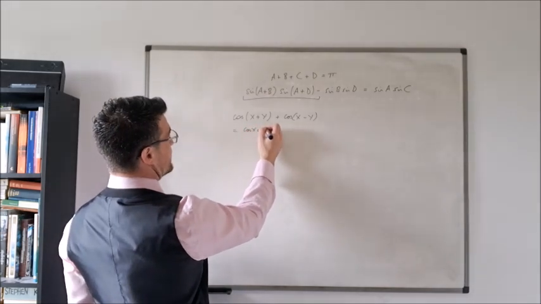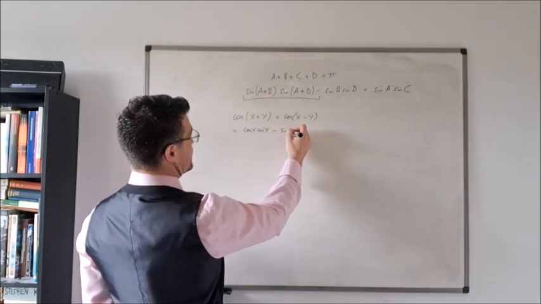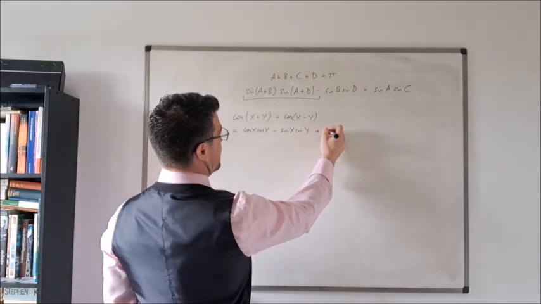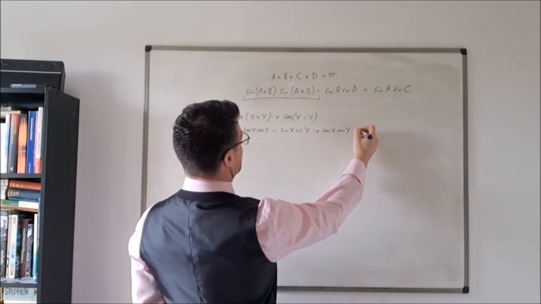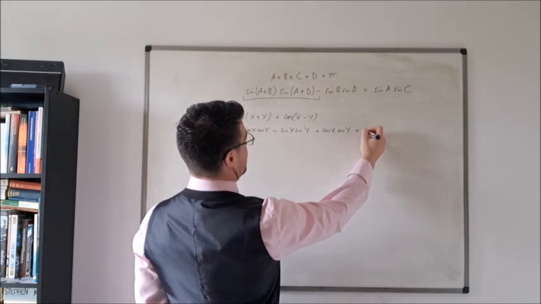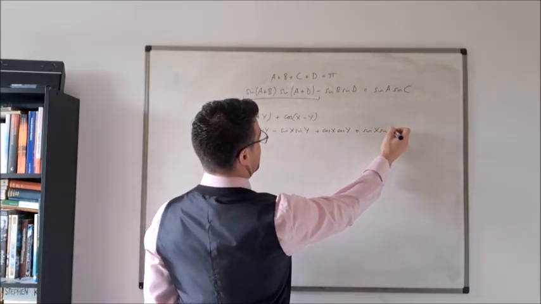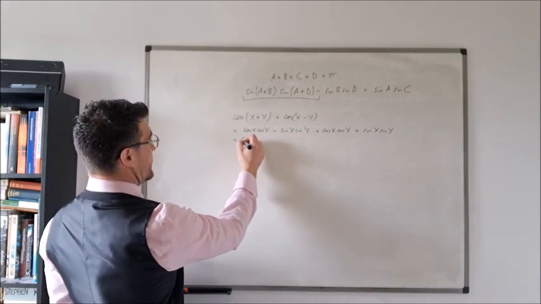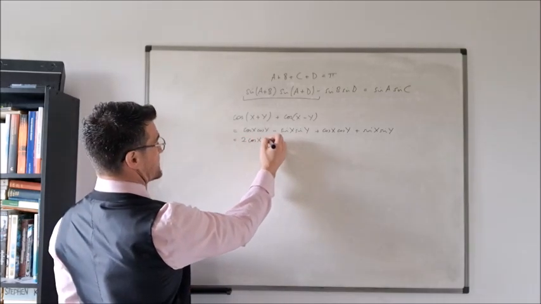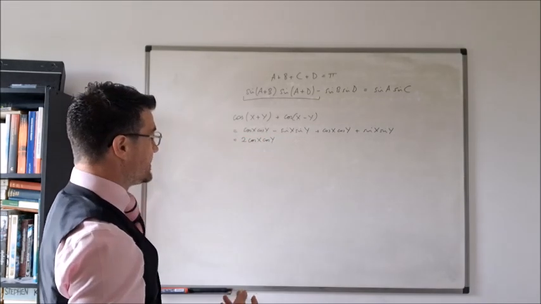Cos x cos y minus sine x sine y plus cos x cos y plus sine x sine y, which is just twice cos x cos y, for instance.